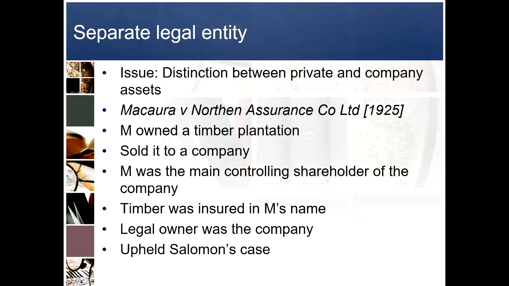He would grow these trees and then he'd cut them down and sell off the logs, sell the wood. What did he do? He did something very similar to Mr. Salomon. He sold the business to a company of which he was the major shareholder. So he just changed the structure from operating as a sole trader to the corporate form.